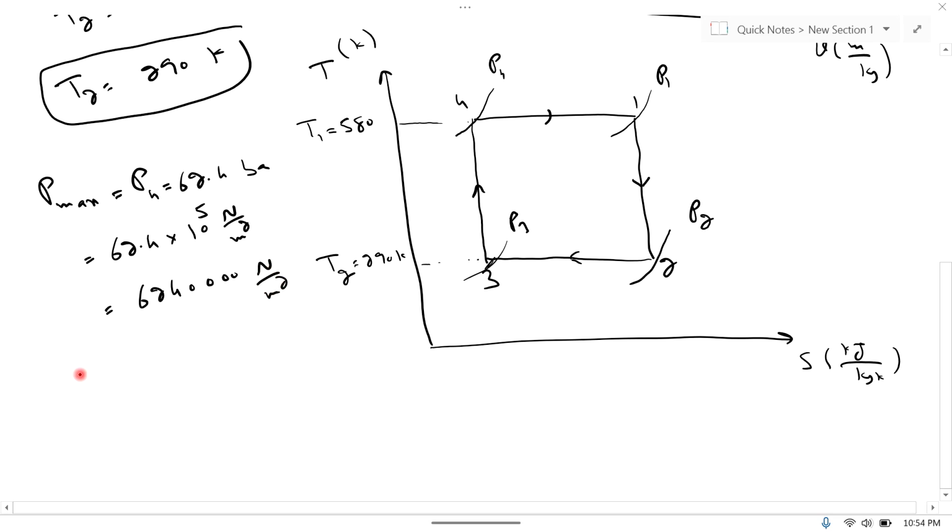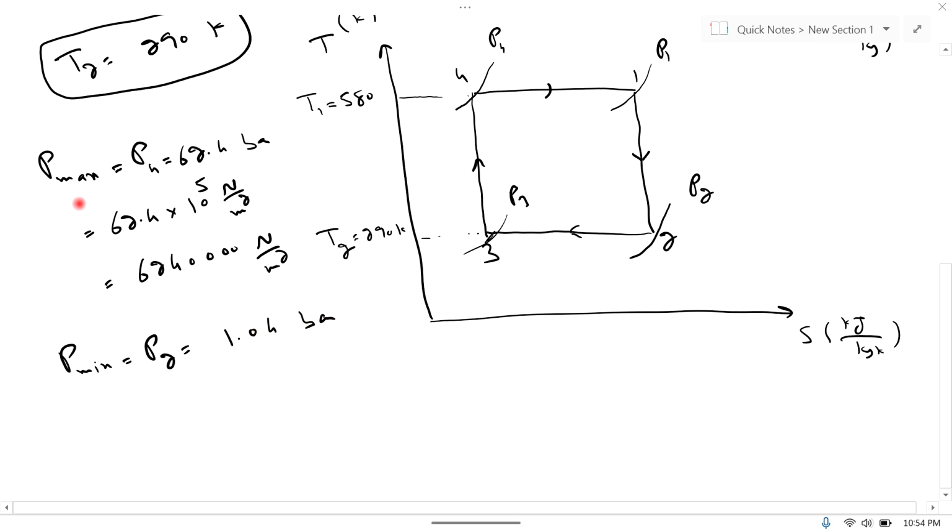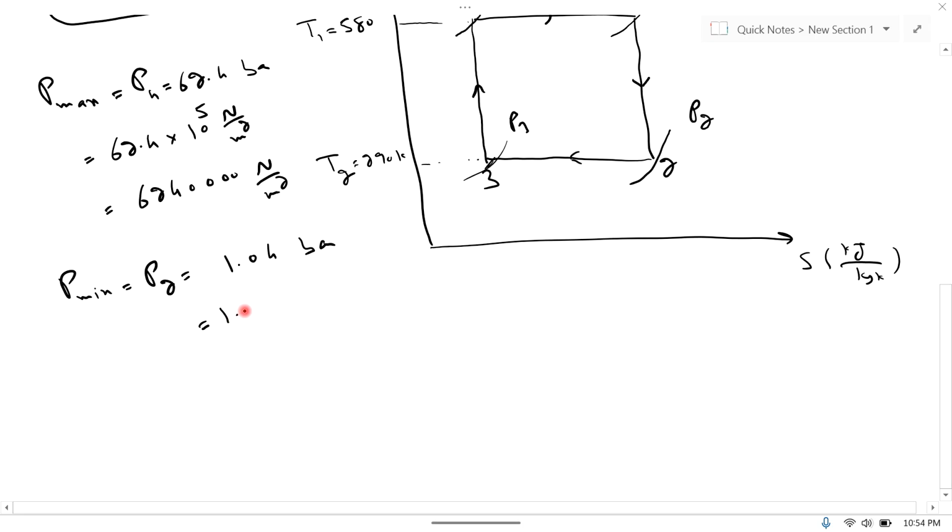And the minimum pressure is P2, equal to 1.04 bar, and 1 bar is equal to 10 power 5 Newton per square meter. So this is 1.04 multiplied by 10 power 5 Newton per square meter, which is equal to 104,000 Newton per square meter.